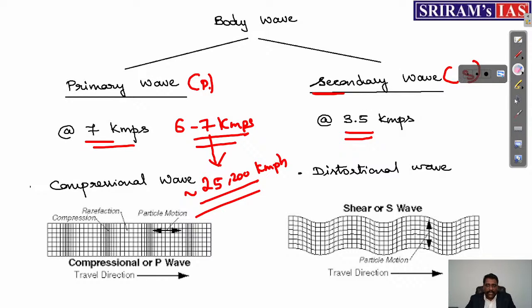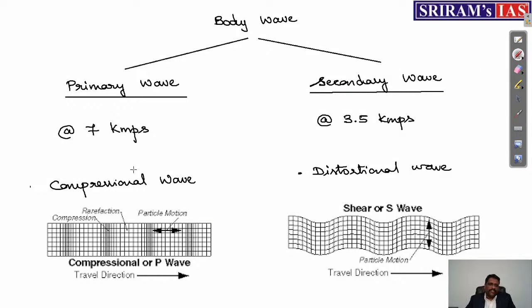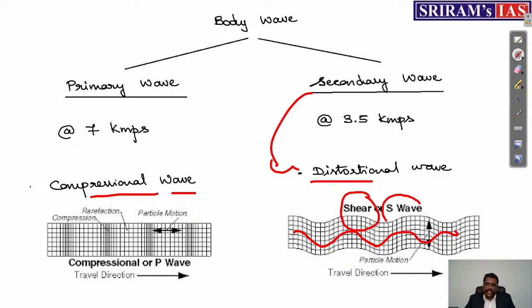That's why it is called the secondary wave. Now, the wave property of the P wave, my dear friends, is that it is a compressional wave. It travels in an alternate sequence of compression, expansion, compression, and expansion. Whereas the secondary wave travels like a normal sine wave, inducing a shearing stress.